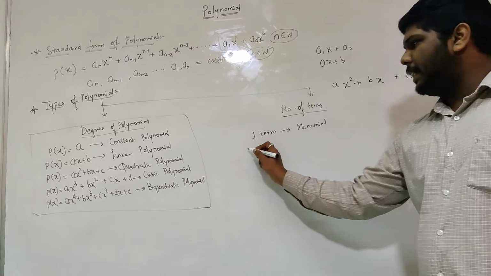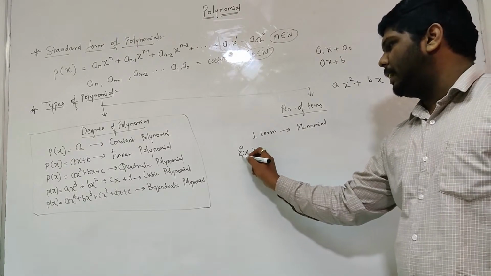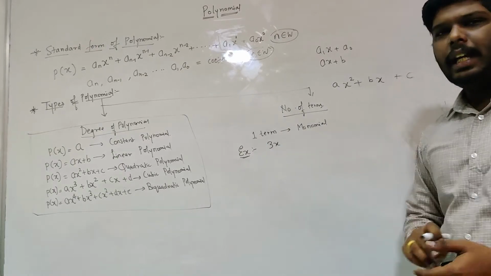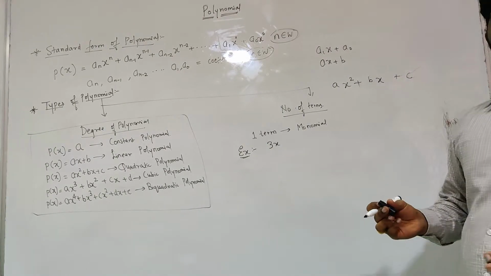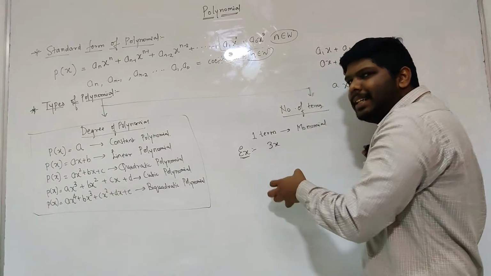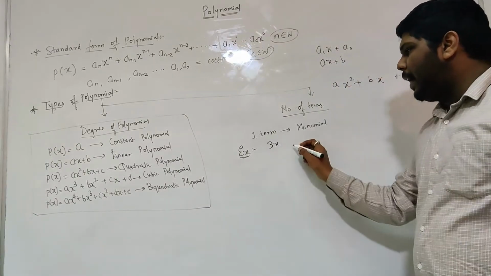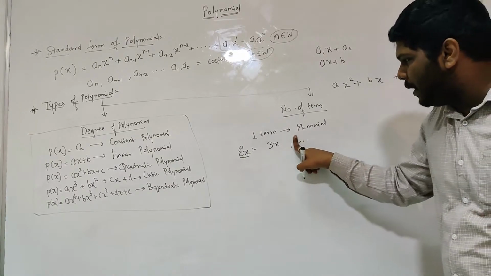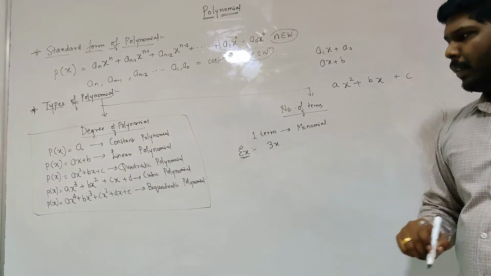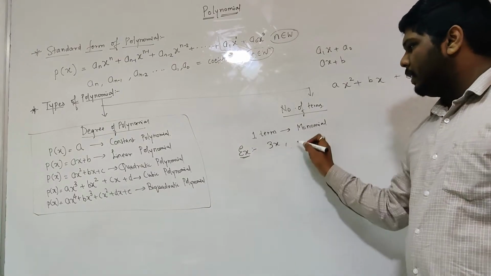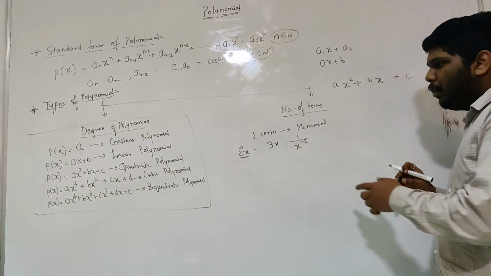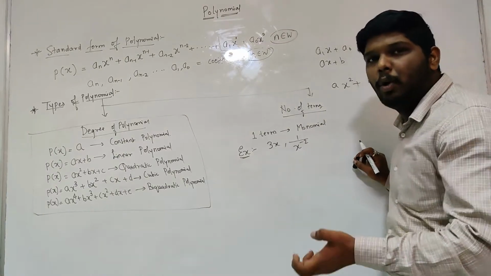Okay, so let us take some good examples. Now if I ask you, is 3x a monomial or binomial? It is a monomial. Why? Because 3 into x is considered as a single term. But if I write 3 plus x, then these are 2 different terms, so this cannot be considered a monomial. Okay, now one more example. Suppose 1 upon x raised to minus 2. You will say sir, the value of degree should be a natural number, should be a whole number.